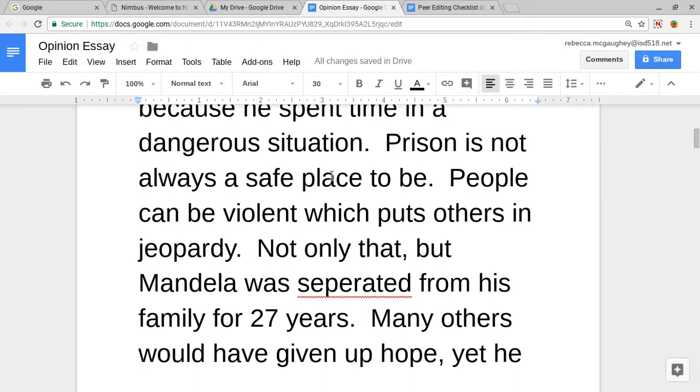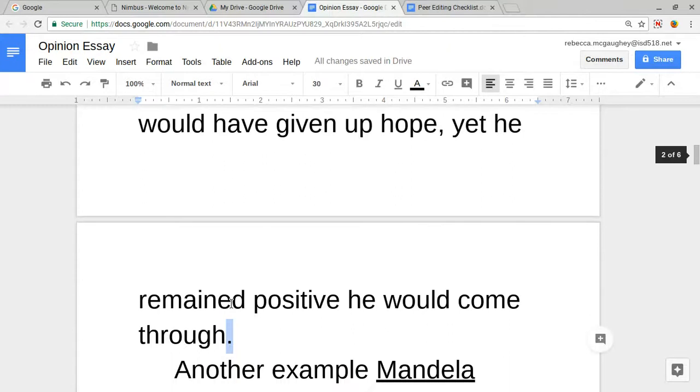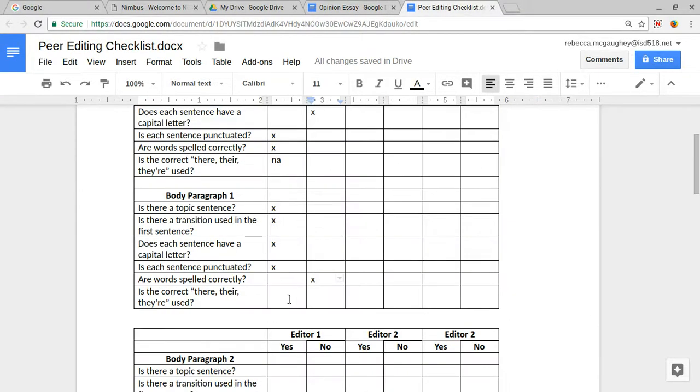If I'm talking about one person, I'm probably not going to see a lot of those, but I'm still going to look because you never know. And those tend to be the misused words of all time. But I'm not seeing any. As I look at each word, I don't believe I have any, so I am going to put not applicable.